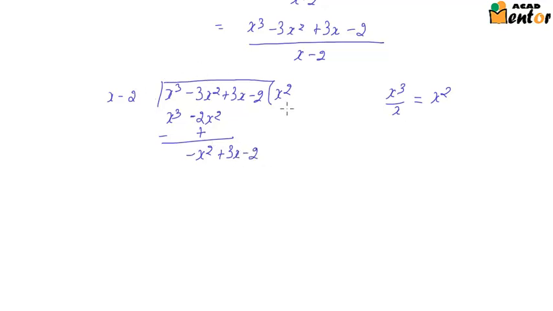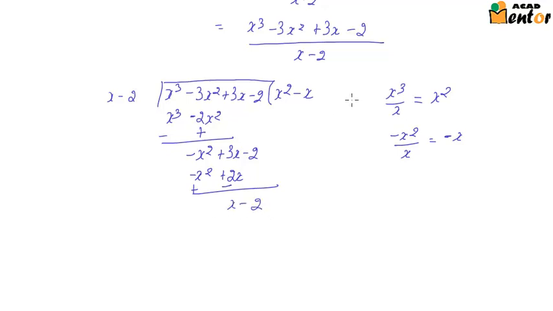Now the second term would be given as minus x square divided by x, which will be minus x. So minus x will be written here, minus x square. Now minus x multiplied by minus 2 would give us 2x. So let's write 2x here. Now subtract these two terms from this polynomial. This cancels out and we are left with x minus 2.